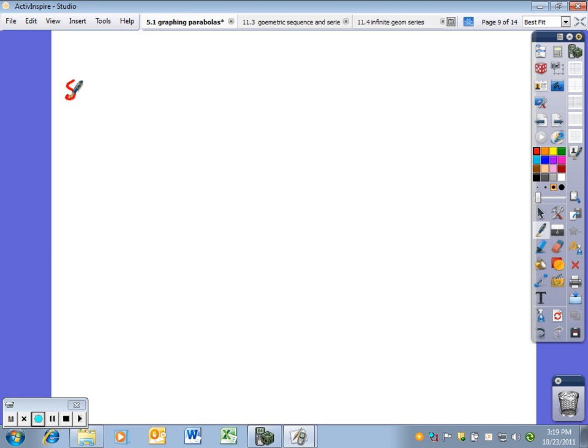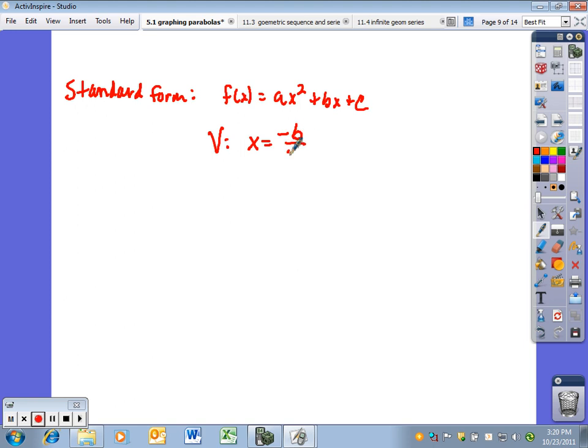Standard form: f of x equals ax squared plus bx plus c. To find the vertex, x will be the opposite of b over 2a, and the y value of the vertex will be to plug that x value into the given function.